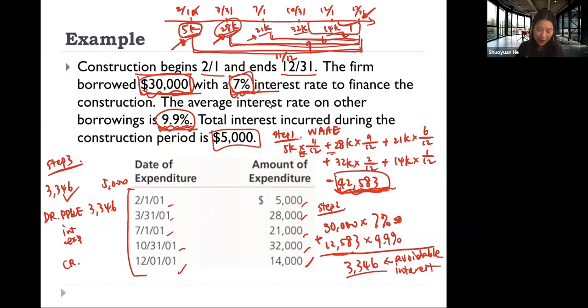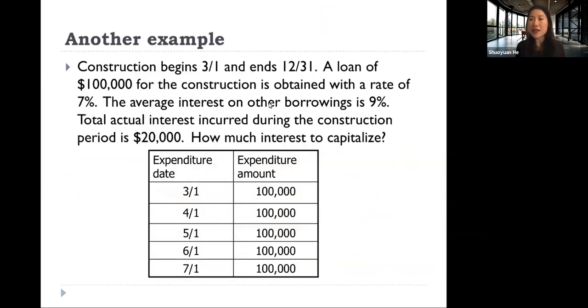We credit cash, so cash interest paid is 5,000, which means the difference between these two, 1,654, is the interest that can be expensed. So this is one example, and now let's look at another example.